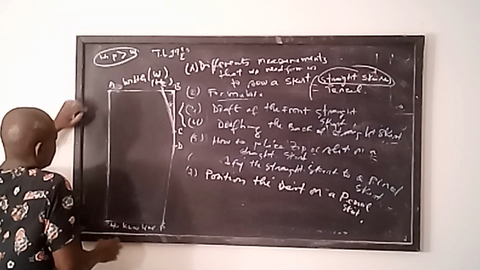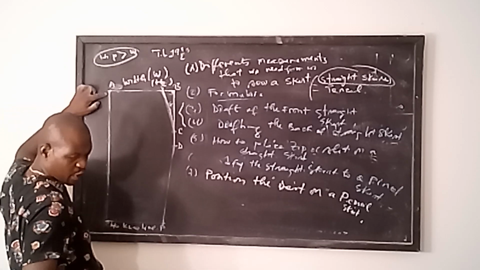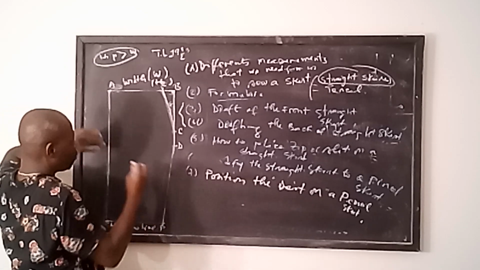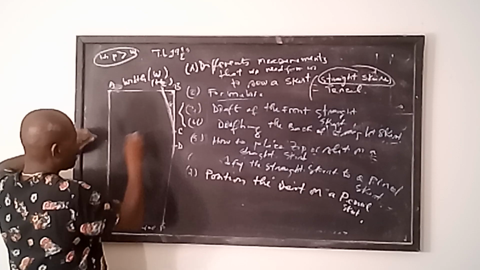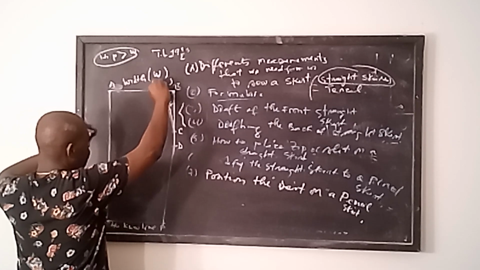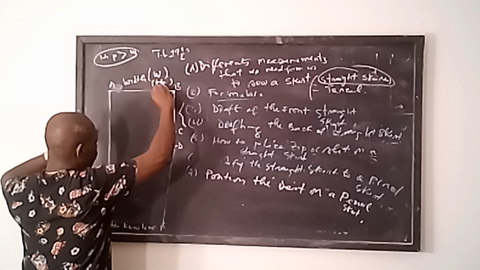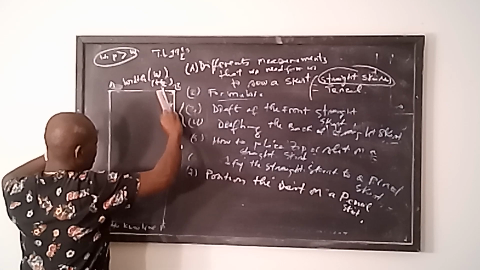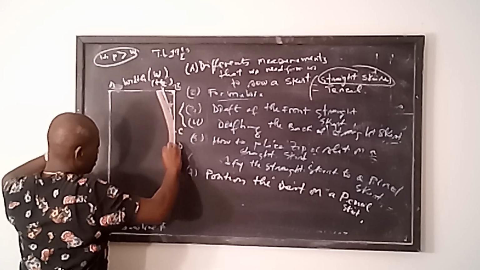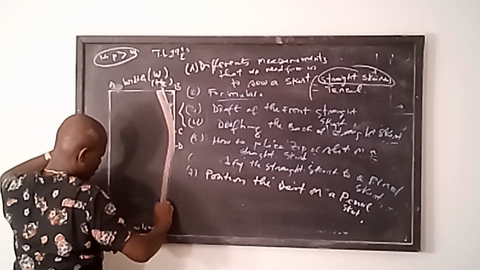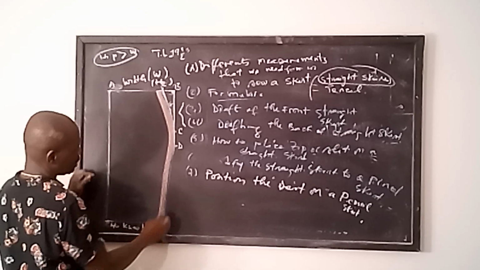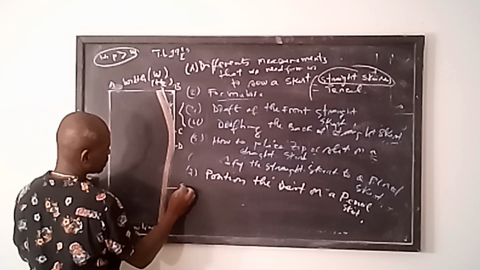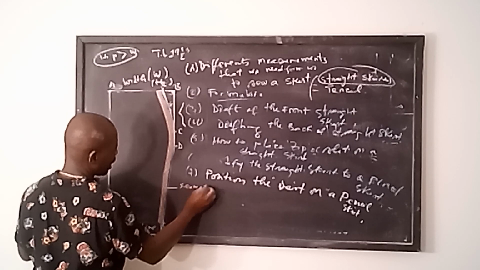What do you have to do? Okay, the first thing you have to do, you need to remove your seam allowance. I don't know how much you put, but you remove it. I'll just mark until the bottom. You see, this is your seam allowance.